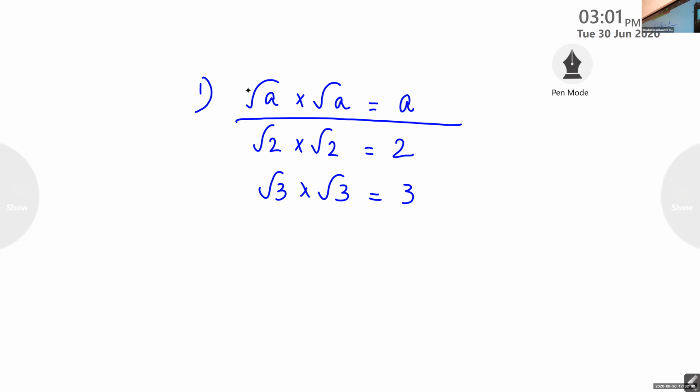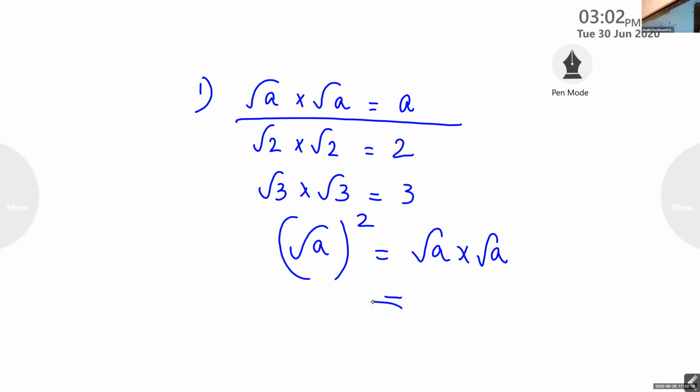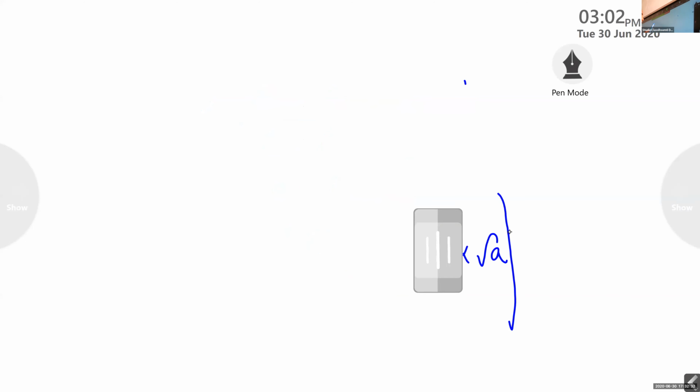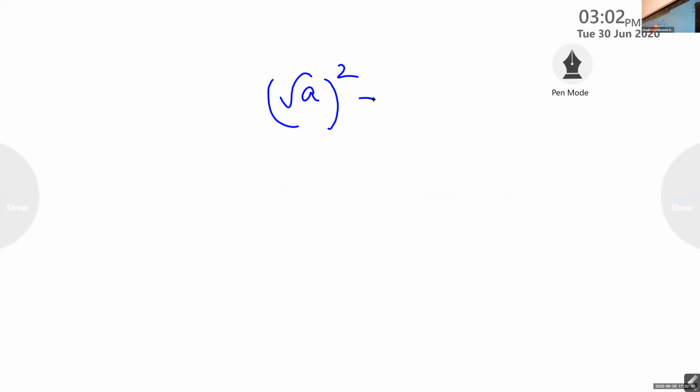Shall I move to the next rule? One more thing: instead of writing root a into root a, you can write root a whole square. What is root a whole square? A. If it is root a whole square, it equals a, the same rule.